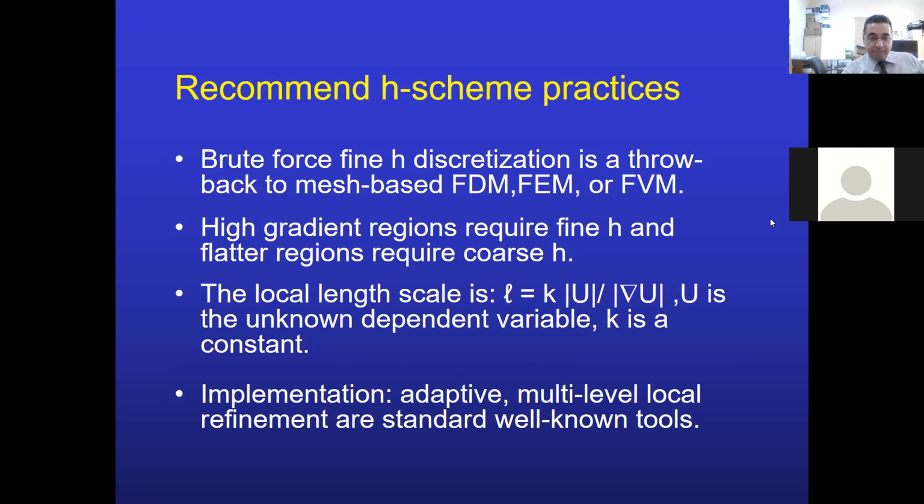So the local length scale is really proportional to the absolute value of the function over its gradient.